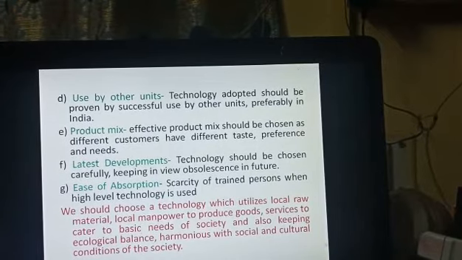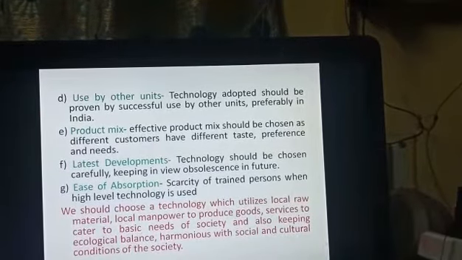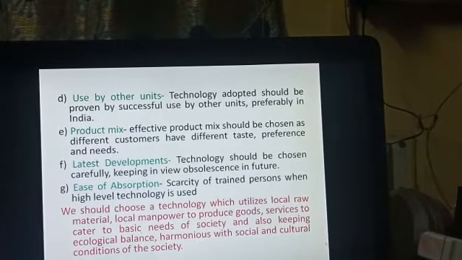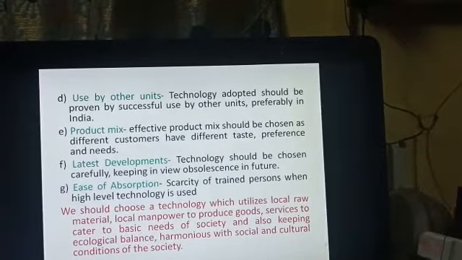Then product mix. Effective product mix should be chosen as different customers have different taste, preference and needs. Latest development. Technology should be chosen carefully, keeping in view obsolescence in future. It means we should also study whether this technology which we are going to adopt is going to become obsolete in the coming future or not. What is the future? Next is ease of absorption.